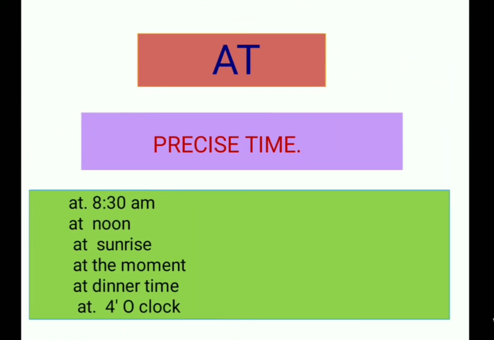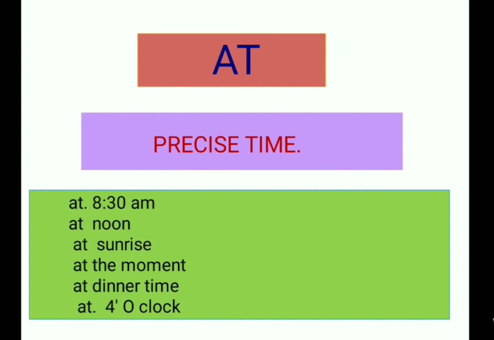Let us see now at. Right now I told you that at is used for precise time, right? For example, at 8:30 a.m., at noon, at sunrise, at the moment, at dinner time, at 4 o'clock.